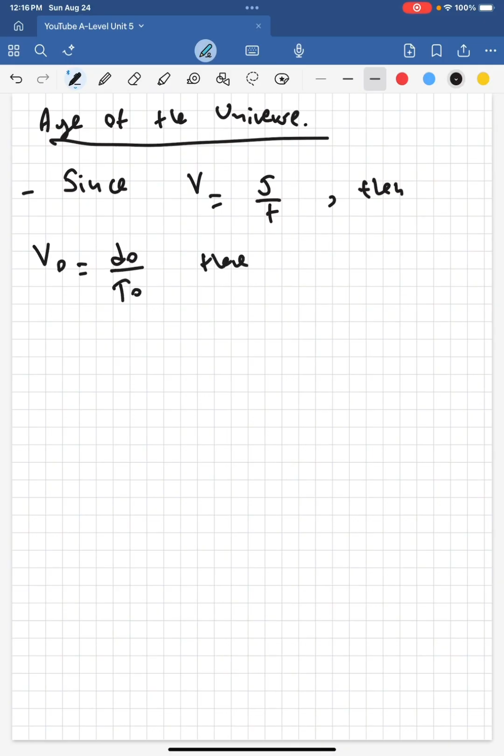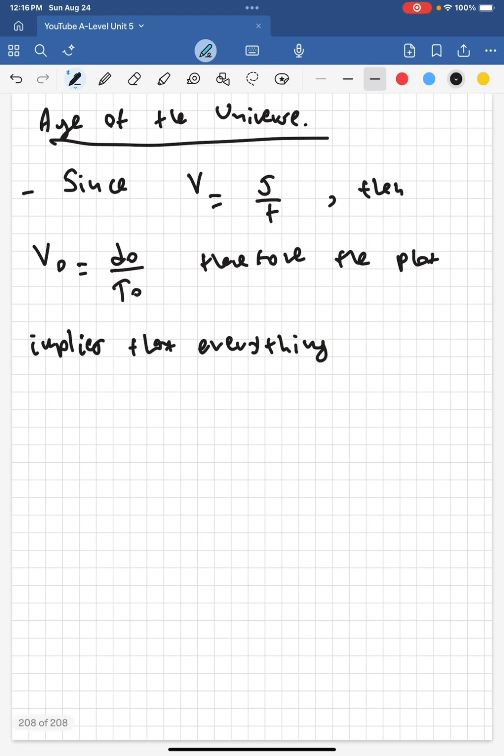Therefore, the plot implies that everything started from a point.